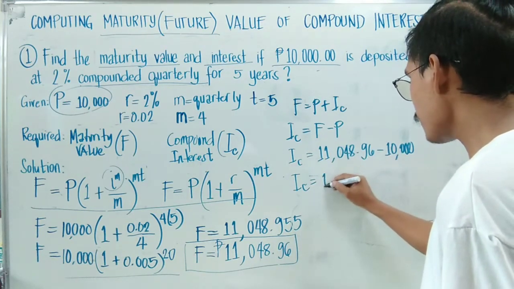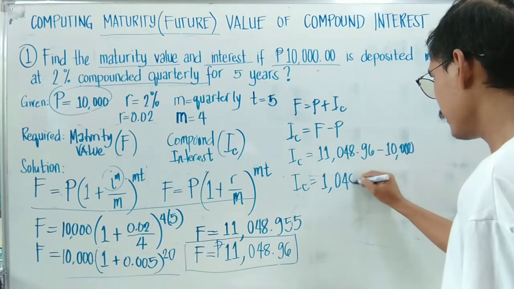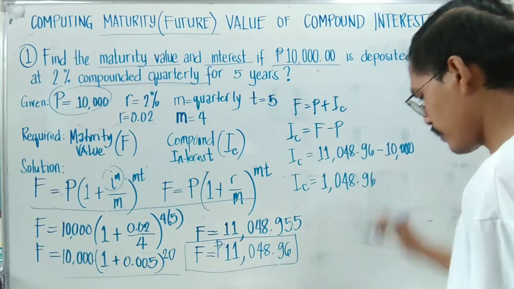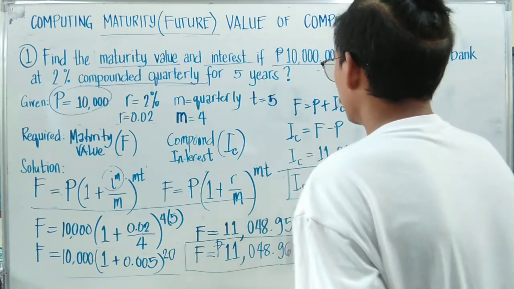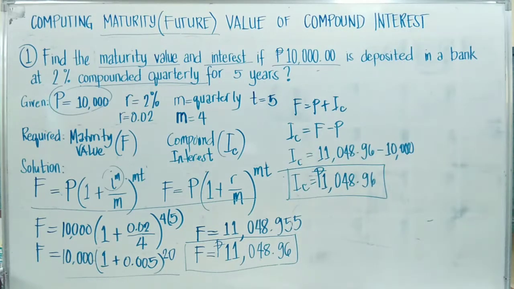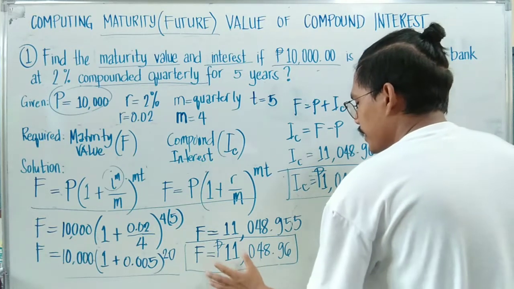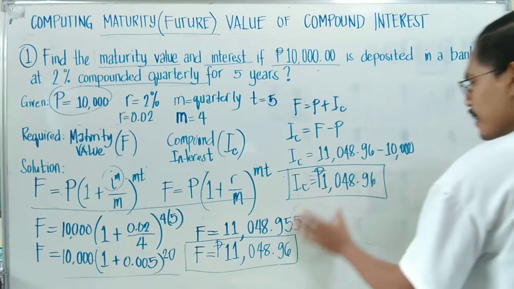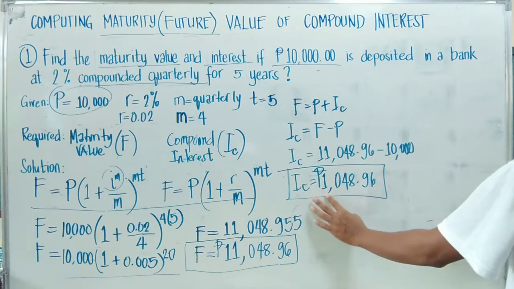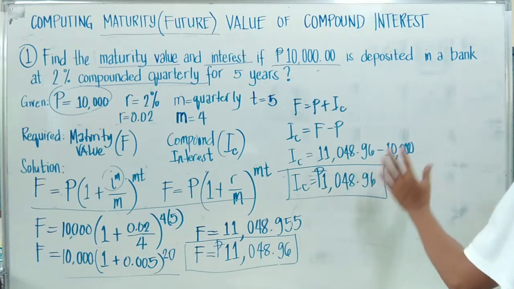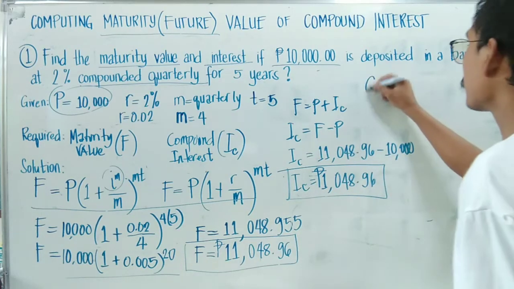So we have 1,048.96. Okay? So your future value or maturity value is 11,048.96, while your compound interest is 1,048.96.